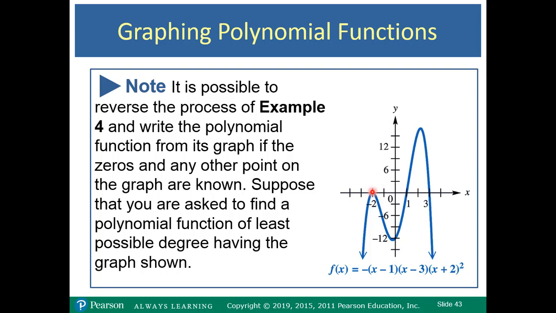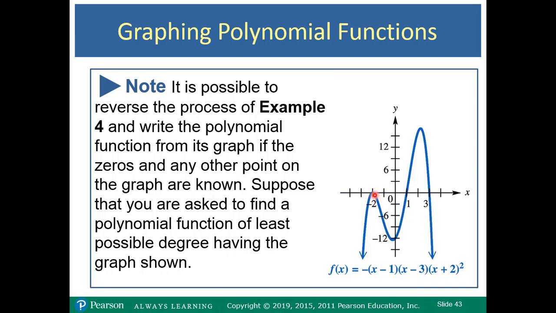So the first thing is we know that the zeros, the x-intercepts, tell us this has a zero at -2, 1, and 3, right? So that gives us the factors. We know that this polynomial has to have the factors x minus 1, x minus 3, and x plus 2.